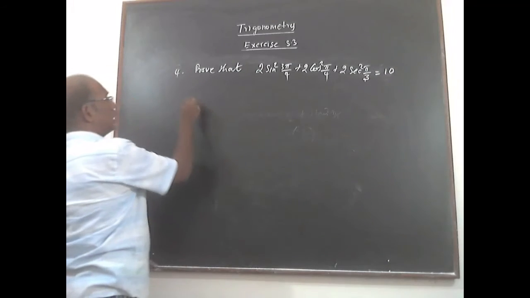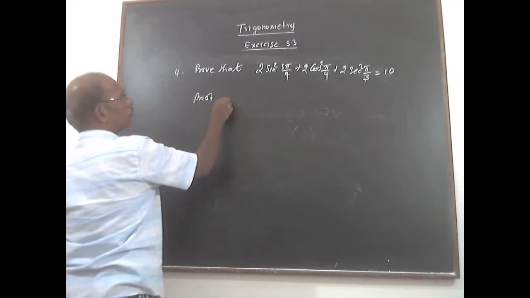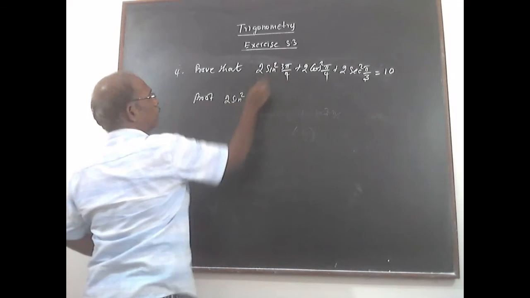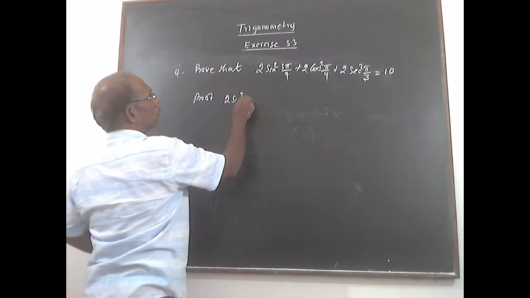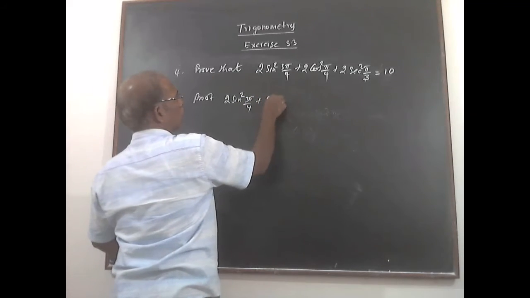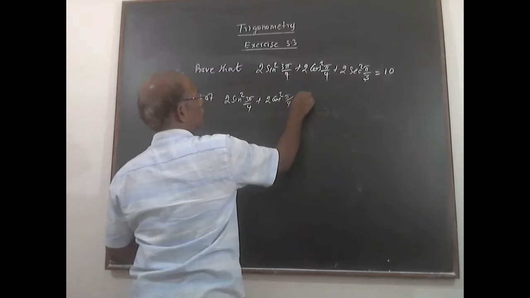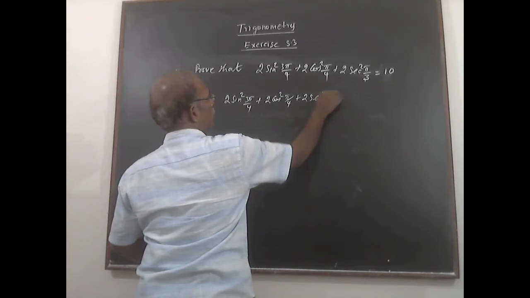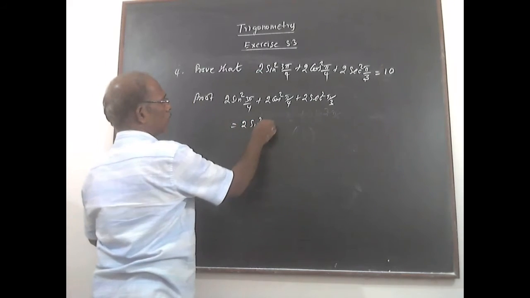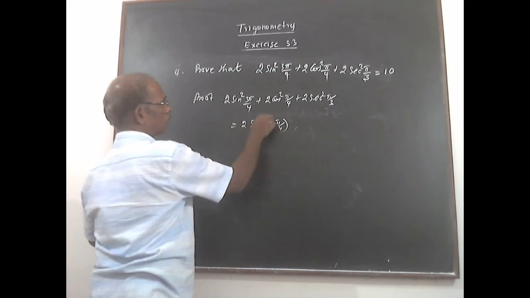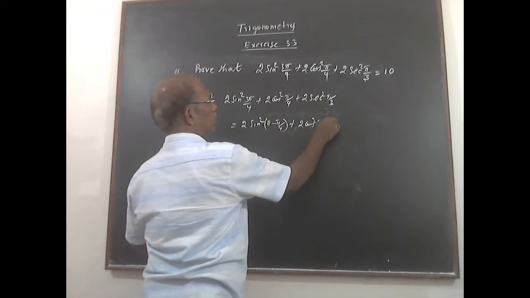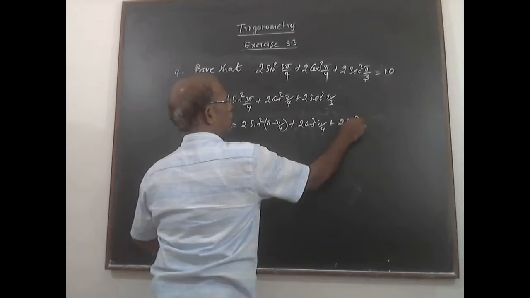So let us try to get the answer. Proof. 2 sine square 3 pi by 4 plus 2 cos square pi by 4 plus 2 secant square pi by 3. 3 pi by 4 can be written as pi minus pi by 4, correct?